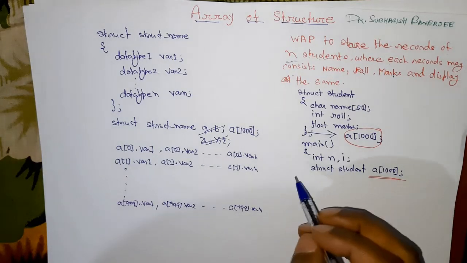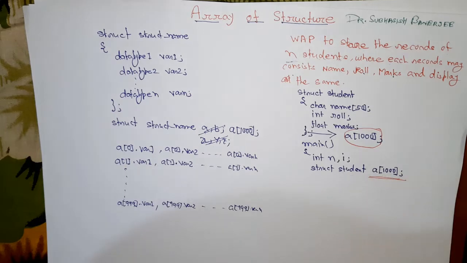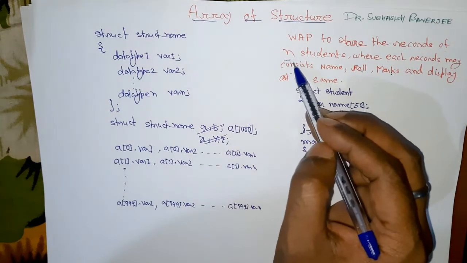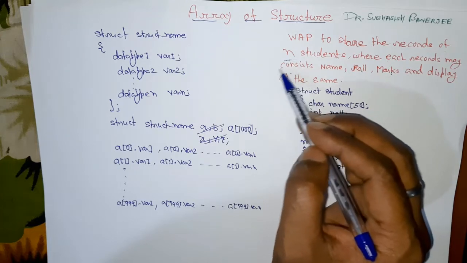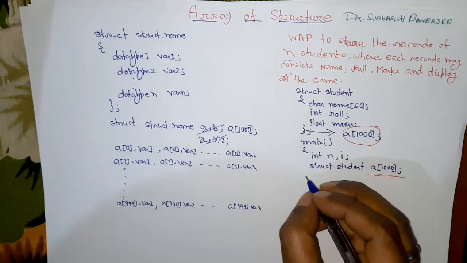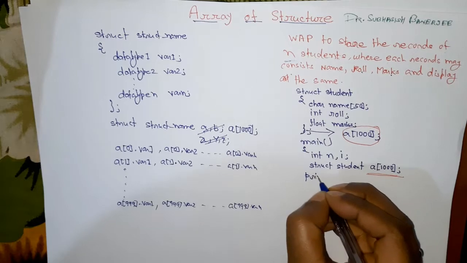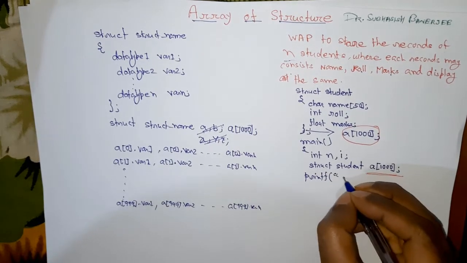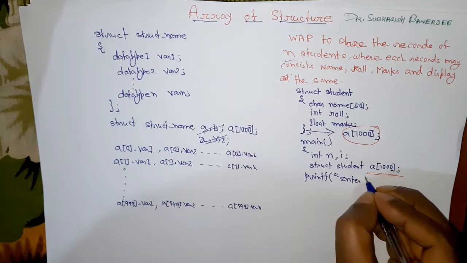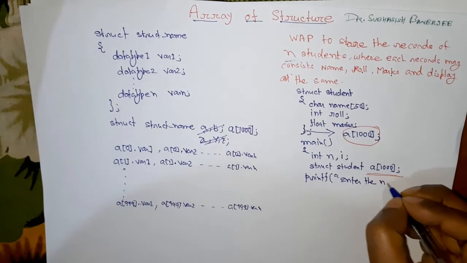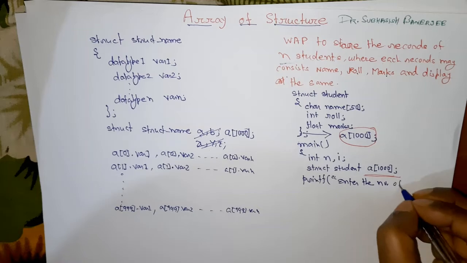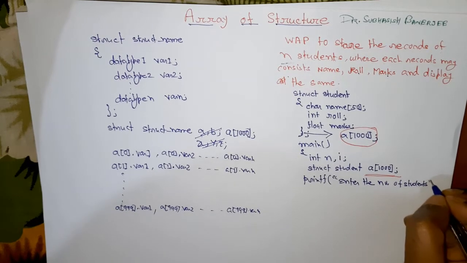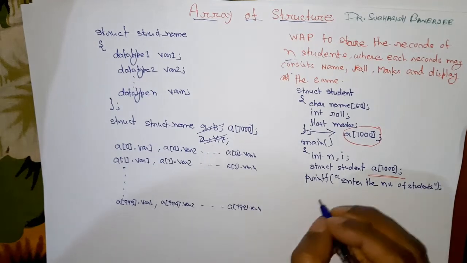So suppose we have declared the structure student in this fashion. What we need to know first is for how many students we are going to store this record, for n students. So here we'll have to ask the user how many students. You may display a message like printf enter the number of students, how many students we are going to store the record for.